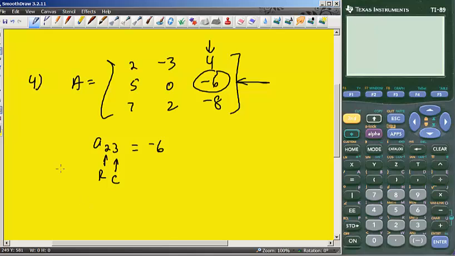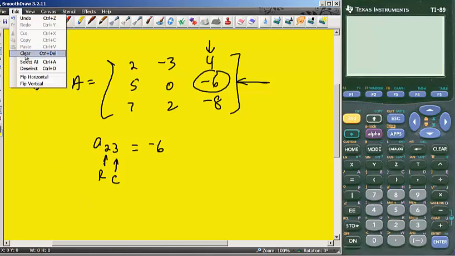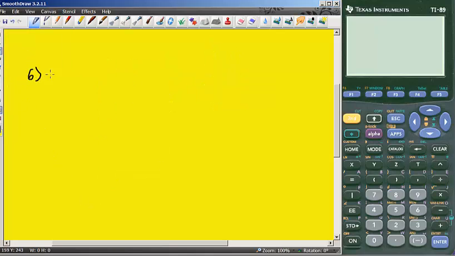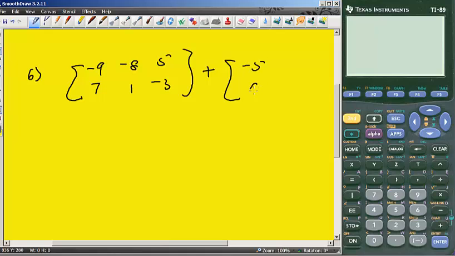Okay, so let's get to adding matrices, which is number 6. So they give you a matrix A, which is negative 9, 7, negative 8, 1, 5, negative 3, and then they want you to add matrix negative 5, 9, negative 3, 1, 5, 3.